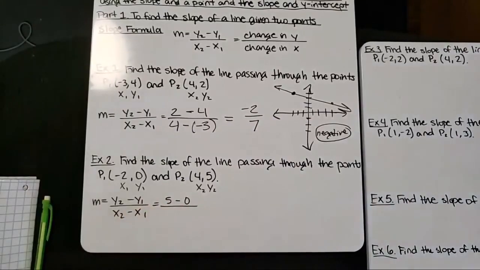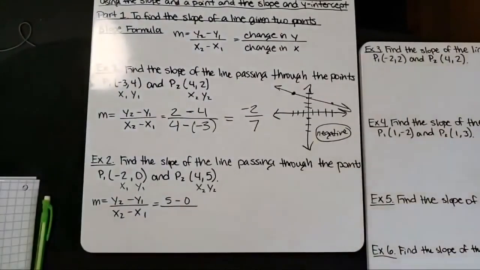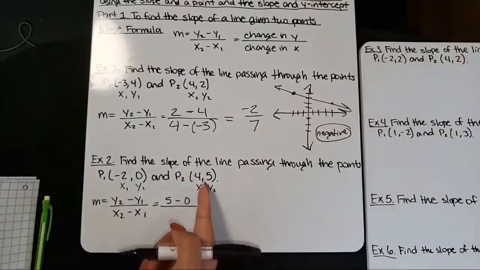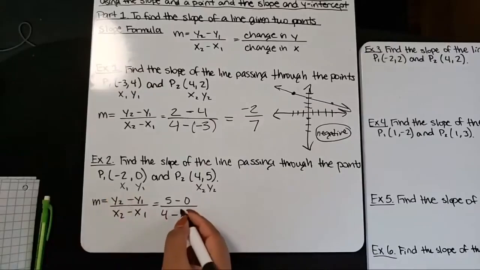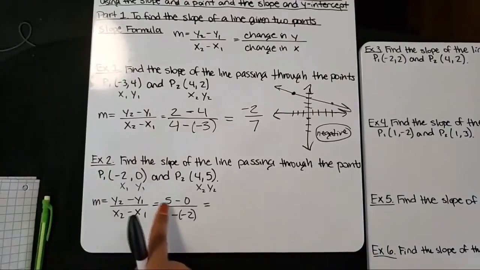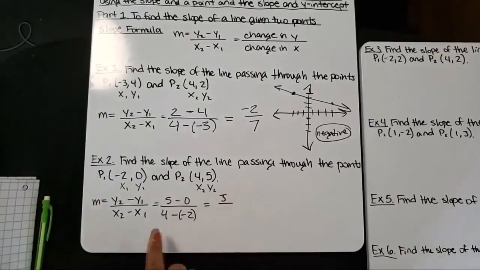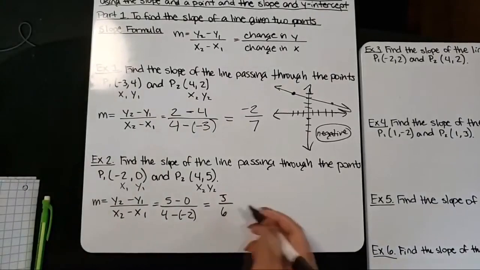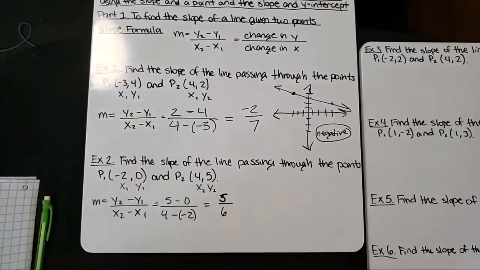So at the top we have 5 minus 0, and at the bottom we have x2, which is 4, minus x1, which is -2. So 5 minus 0 is 5, and 4 minus -2 is 4 plus 2, which is 6. So 5 over 6 is not negative, you guys. This is positive.